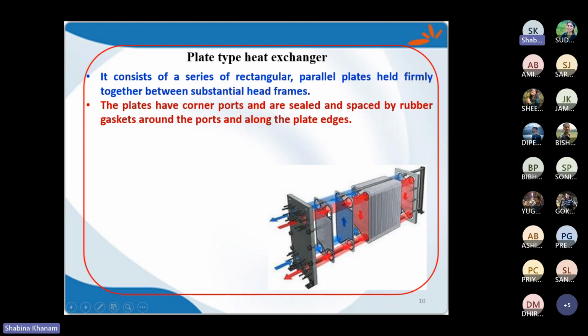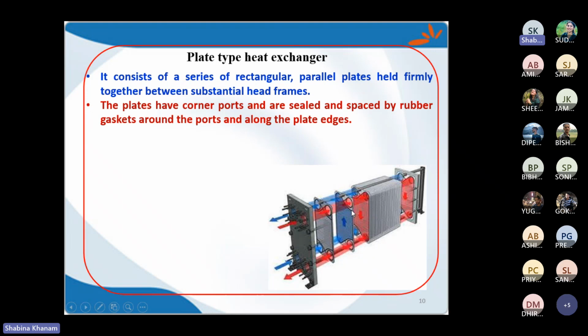If you see, this first plate has four corners. Here I'm having four corners, 1, 2, 3 and 4, and all plates have all four corners in the same line, or we can say all these four corners are aligned to each other. And if you see these black lines, in a better way we can observe over here.